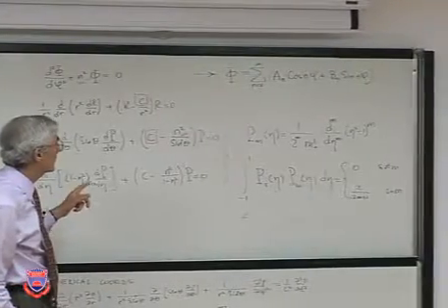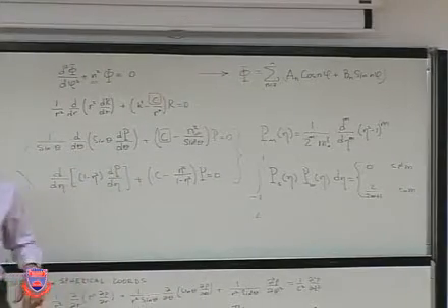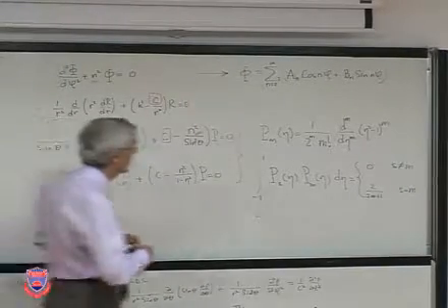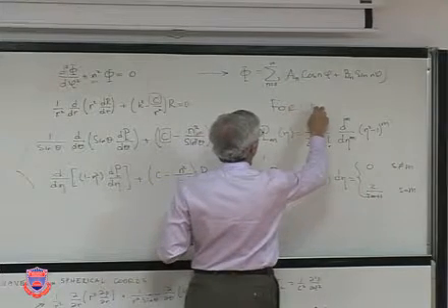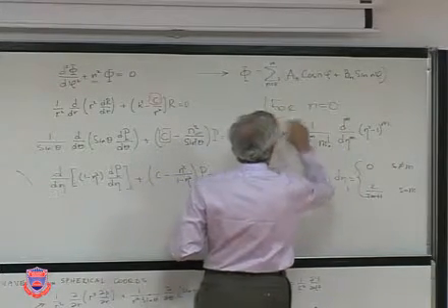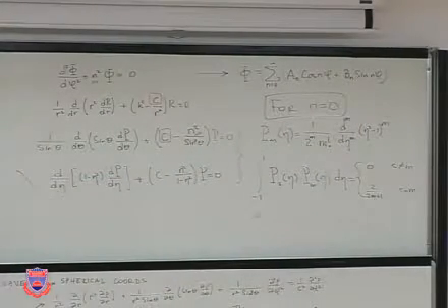We first solved for Legendre equations for n equals 0. This is an important point, okay? Here, for n equals 0, meaning an axisymmetric solution.